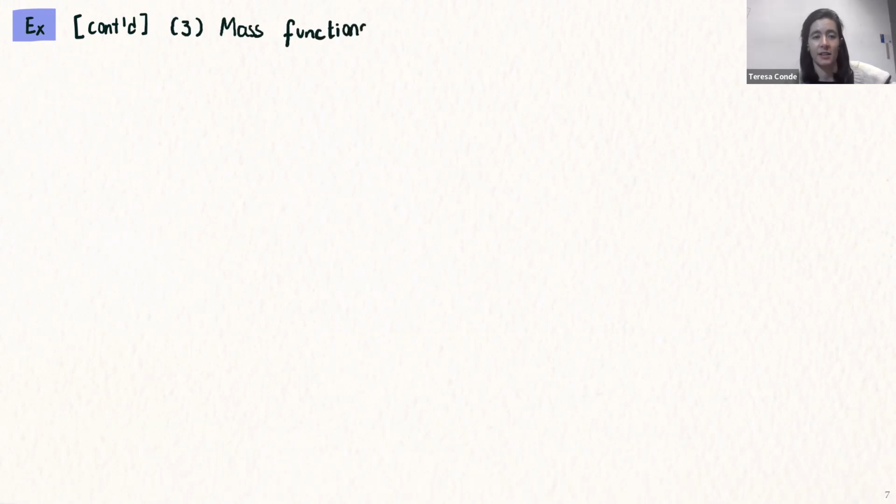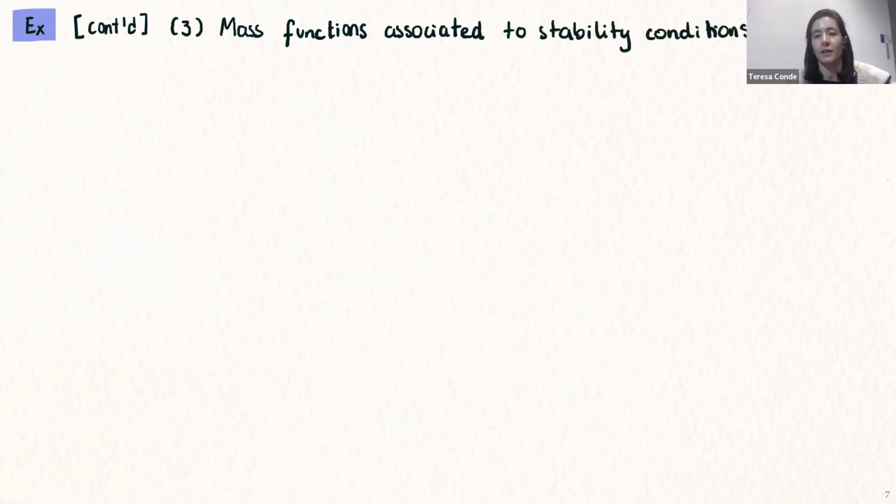Okay, so continuing with the examples, another source of rank functions are the mass functions associated to Bridgeland stability conditions. This has been remarked and investigated in the paper by Chuang and Lazarev.